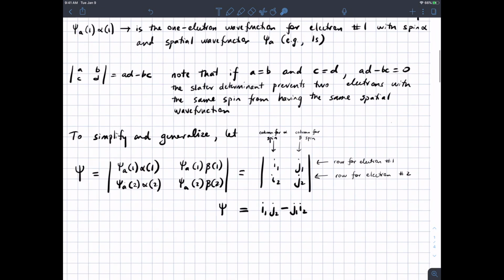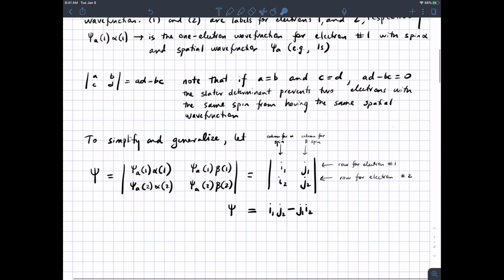So because we don't want to write as many things, we're going to simplify this and just use I and J to mean in the top row you have electron 1 in spatial orbital A with spin alpha. We're calling that I subscript 1. If instead electron 1 is in spatial wave function A but spin beta, we'll call it J1, and so on.